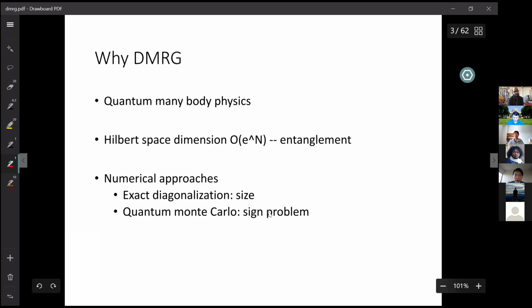However, there is another issue that comes with quantum Monte Carlo that is known as the sign problem, which eliminates the possibility to attack problems such as fermions or, say, frustrated magnets, right? So also notice that these problems are exactly the most interesting topics today.